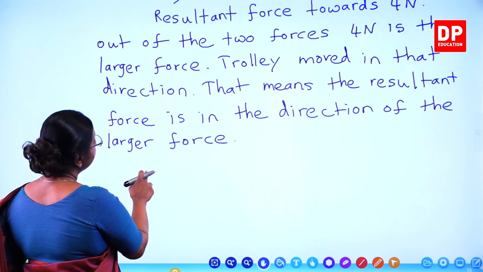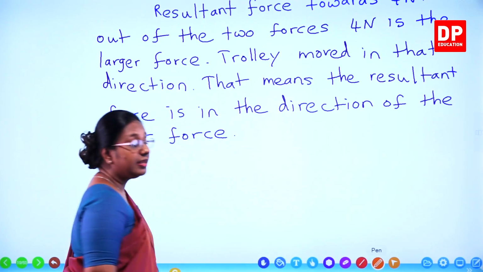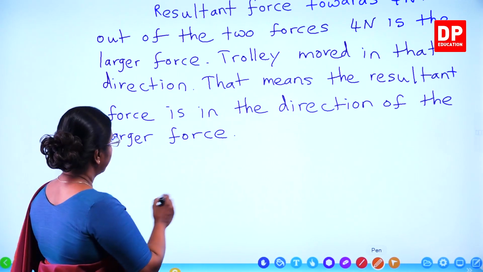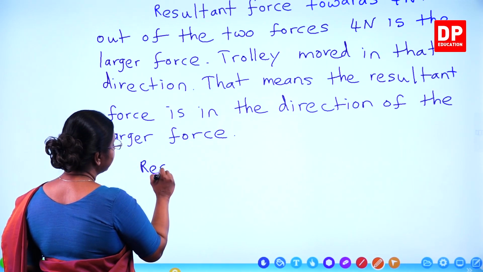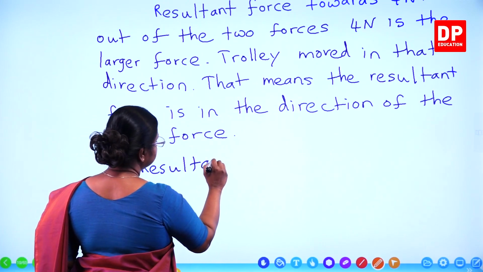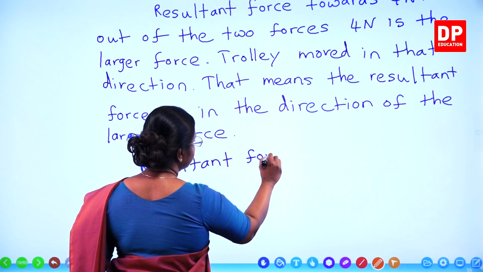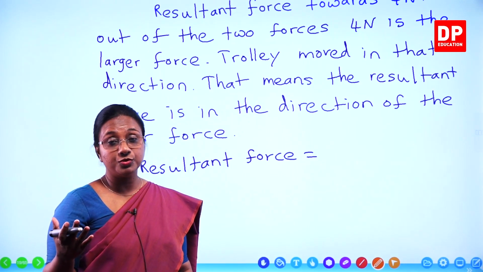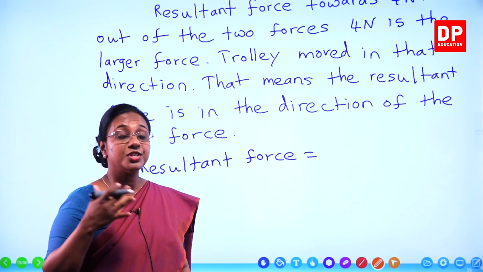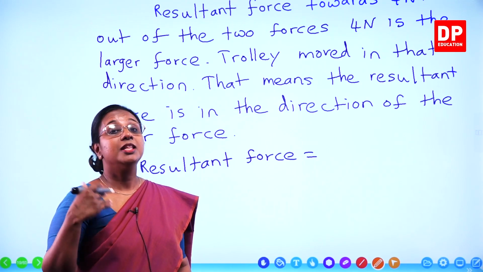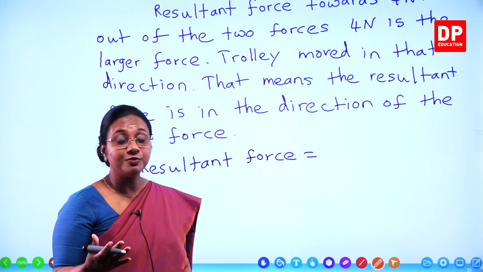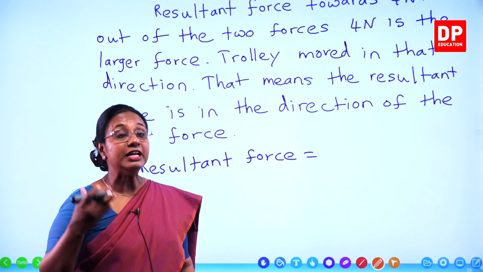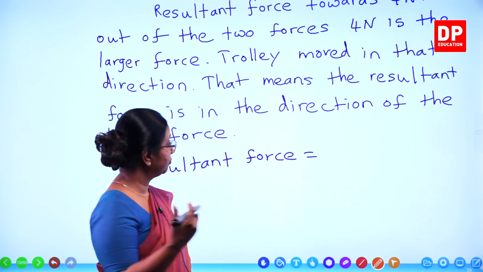So how do you think we can find the magnitude? Now, if you want to find the resultant force, we said it is the sum of the two forces, but here the forces are in opposite direction. The movement is towards the larger force, so it has to be the difference between the two forces.